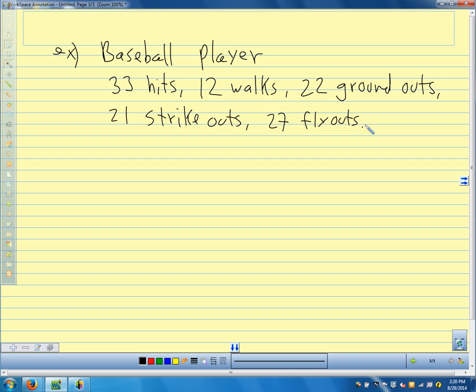Doesn't matter if you know what these things mean in baseball. All that matters is we're counting these things that happen when this baseball player goes up to bat. We want a probability distribution.